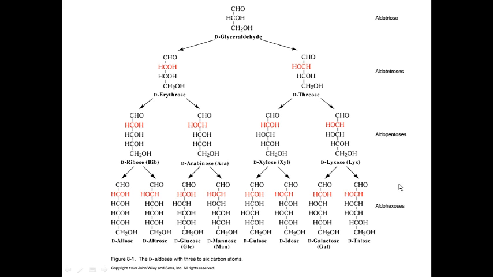In the case of these aldo sugars, the aldo means that there's an aldehyde functional group. The hexose means there's a 6-carbon chain. The pentoses are 5-carbon chains, and there's a whole classification scheme for these. In the case of the 6 carbons, there are 4 chiral centers in the molecule.